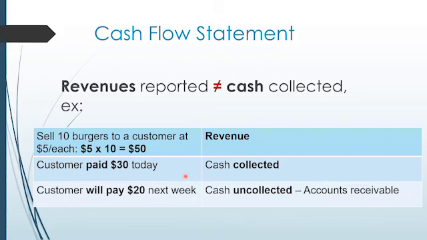And the customer says, okay, I can pay you $30 today and will pay you $20 next week. So this $30 is the cash collected. And this $20 is the cash uncollected, which we call accounts receivable.